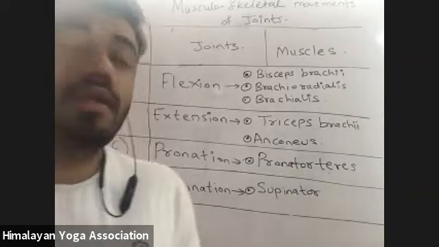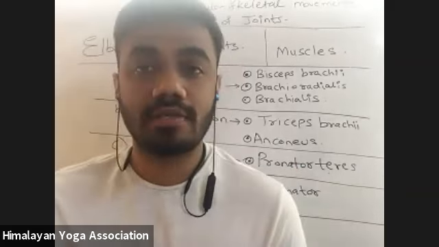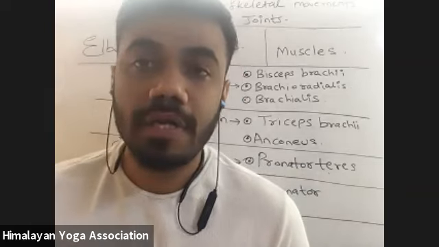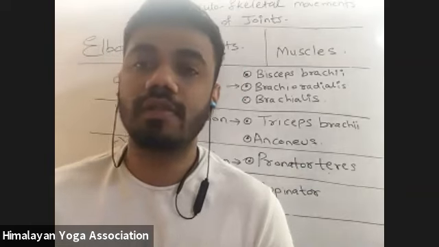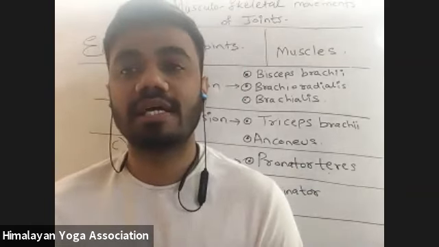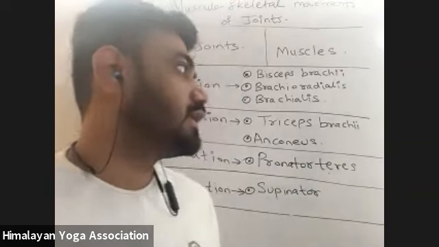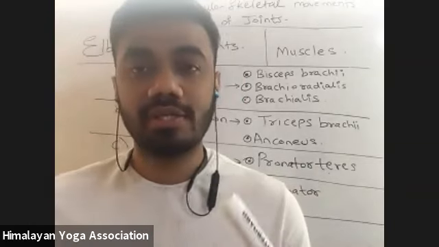Remember the movement at least. It is not necessary if we don't remember all the muscles. With practice and with the asanas, with engagement of these muscles, we learn while we teach.